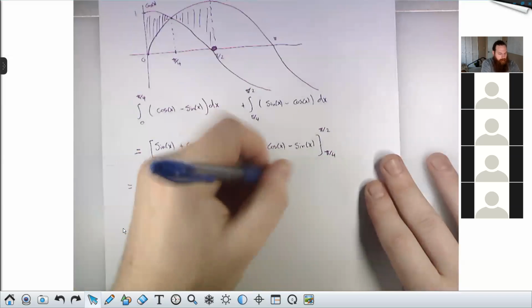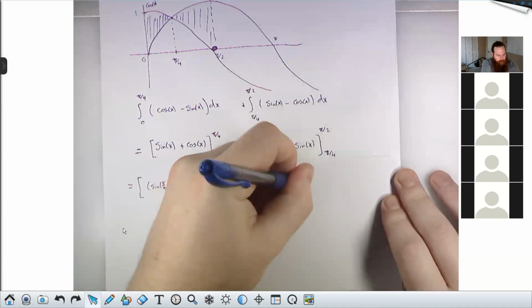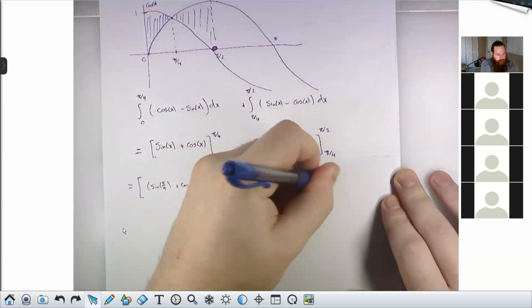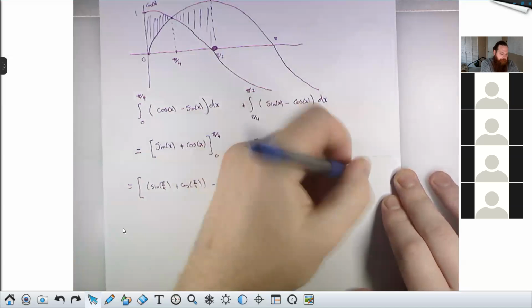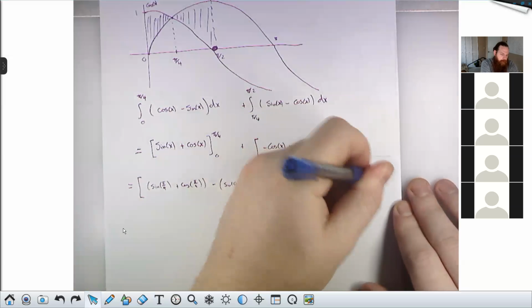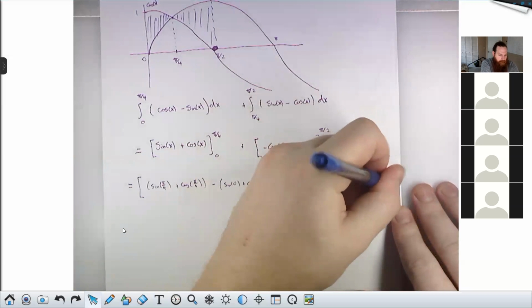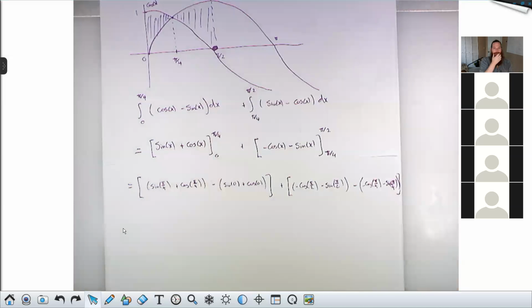And then to that, we had to add negative cos pi over 2 minus sine pi over 2 minus negative cos pi over 4. I'm going to run out of space, minus sine pi over 4. Like this. So that's the step that came in between here and here.